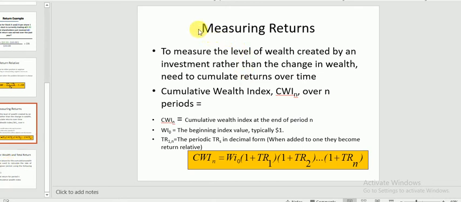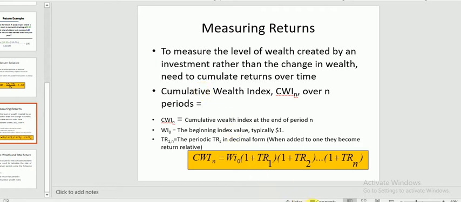Our next topic is measuring the returns. To measure the level of wealth created by an investment, rather than the change in wealth, we need to cumulate returns over a period of time. That is called the cumulative wealth index. Through the cumulative wealth index we can calculate the returns.